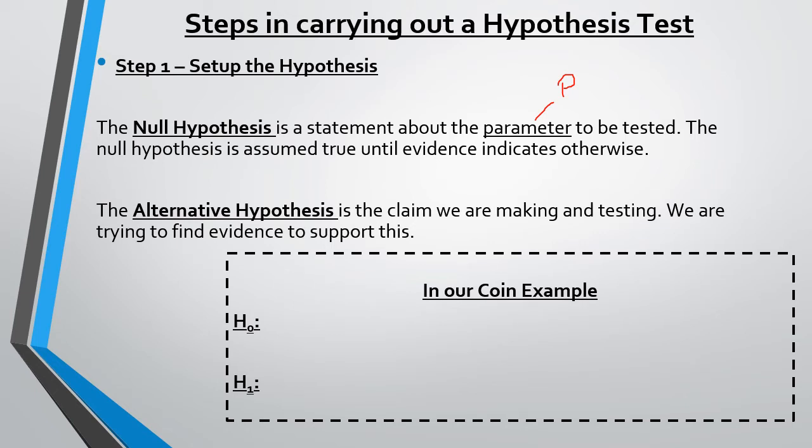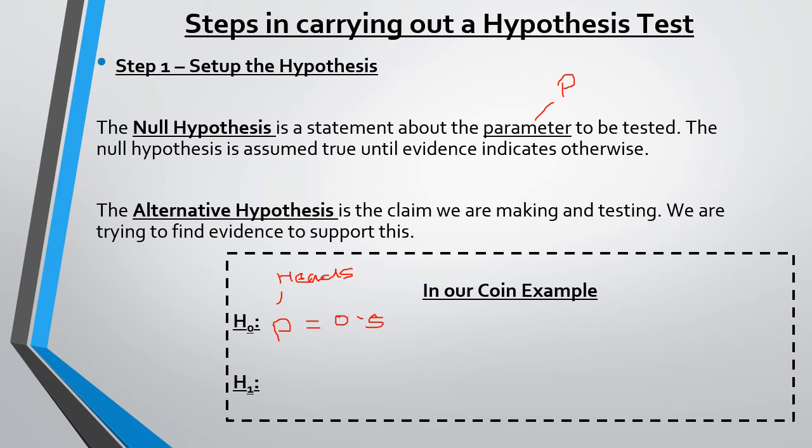So if you think of our coin example, we took that default stance that the coin was fair, and a fair coin meant the probability was a half. Okay, that's what we assumed, and p being the probability of getting a heads.